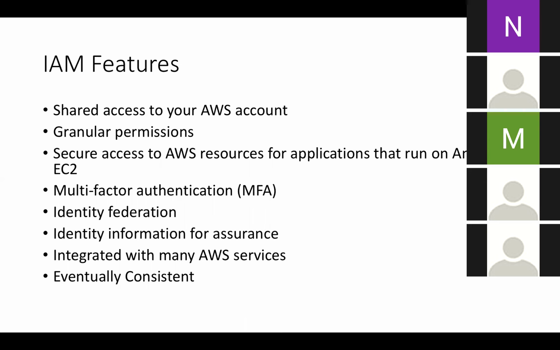When you log in to AWS, it will ask you to provide your company credential. Identity information is for assurance. All the IAM activity is logged into CloudWatch and CloudTrail, so you're able to track from there what all is happening.